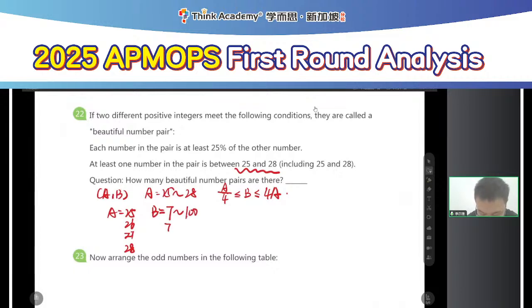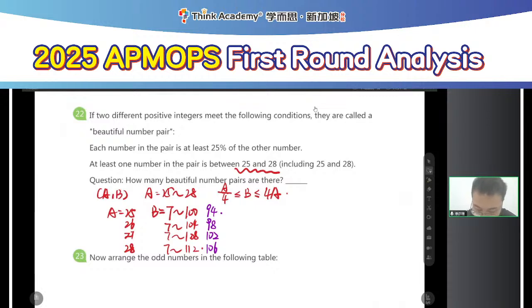And this is 7 to 104, 7 to 108, 7 to 112, right? So how many numbers do we have? We have 94 numbers here, 98, 102, and 106, right?